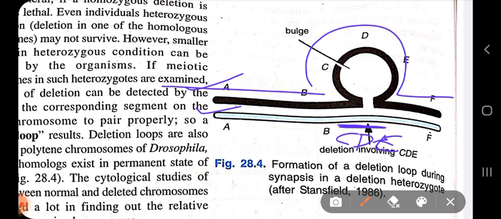When synapsis occurs, the unpaired region of the normal homologue has to loop out to form a deletion loop in order to pair. This type of loop is also called a compensation loop.